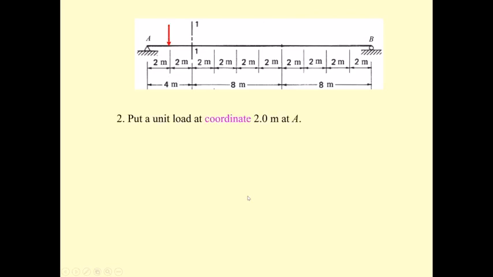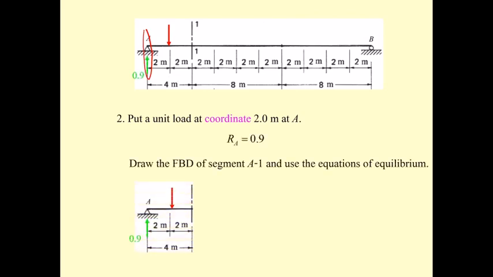And then if you move a little bit, 2.0 meters from A, you may remember the reaction here, right? It's going to be what? It's going to be 0.9. So the free body diagram of that segment is going to be like this, and then you can draw the free body diagram and put this one at 1.0.